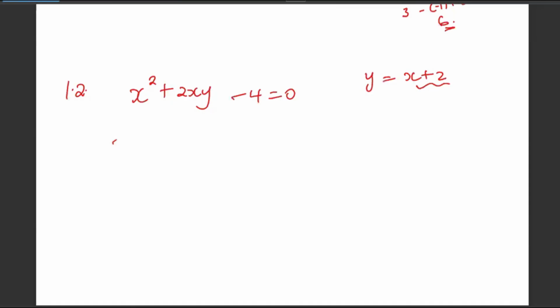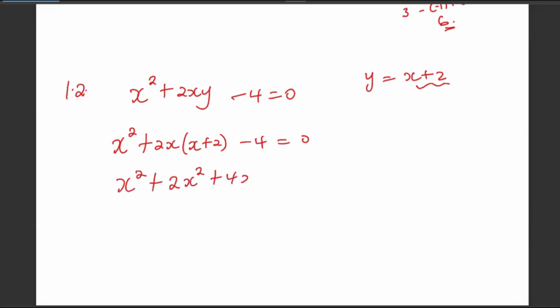So it's going to be x squared plus 2x into x plus 2, minus 4 is equal to 0. x squared plus, this is going to be 2x squared plus 4x, minus this 4 is equal to 0. That is 3x squared, if we collect the like terms, plus the 4x minus 4 gives us a wonderful 0.